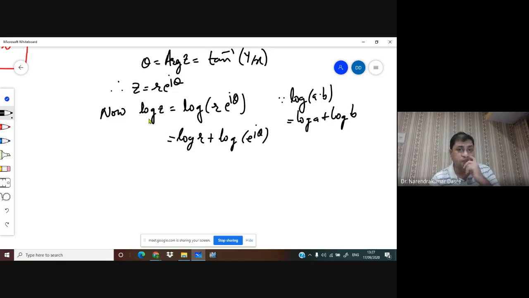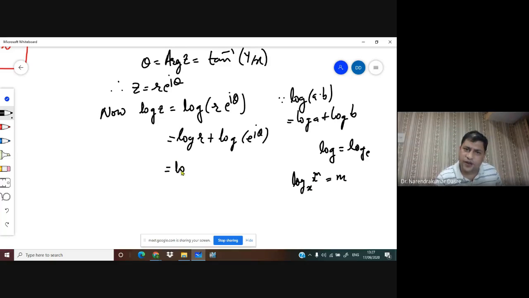In mathematics, when I write log, it is always log to the natural base e. And the general formula is log to the base x of x raised to m is equal to m. So here we have log of r plus i theta.